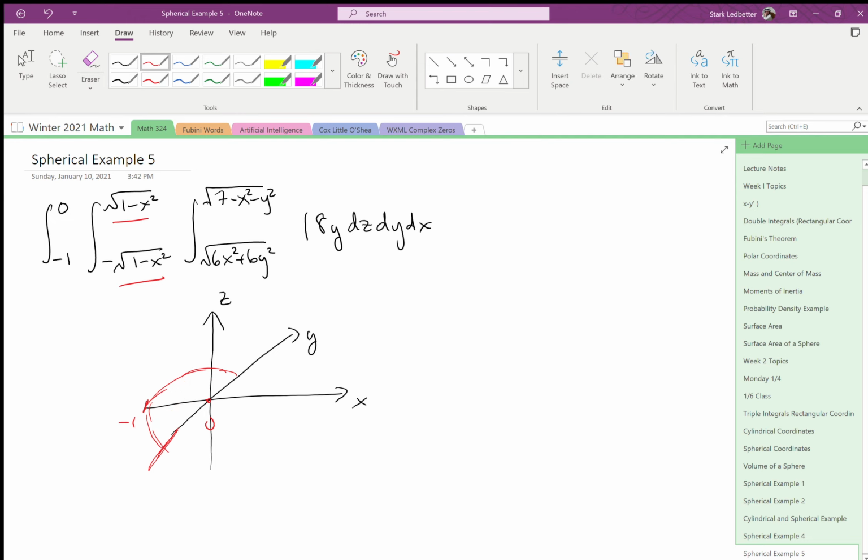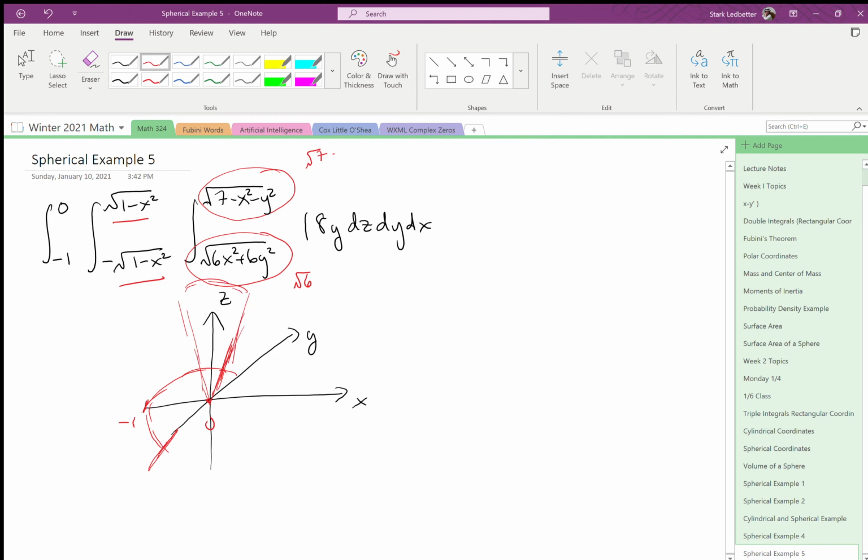And then z goes from, by this point I recognize that's a cone with slope √6, and then that's a sphere with radius √7. Okay, slope √6, so pretty steep. And then radius √7, whatever that is. If that's -1, a lot bigger than that. Okay, so maybe this isn't quite to scale.